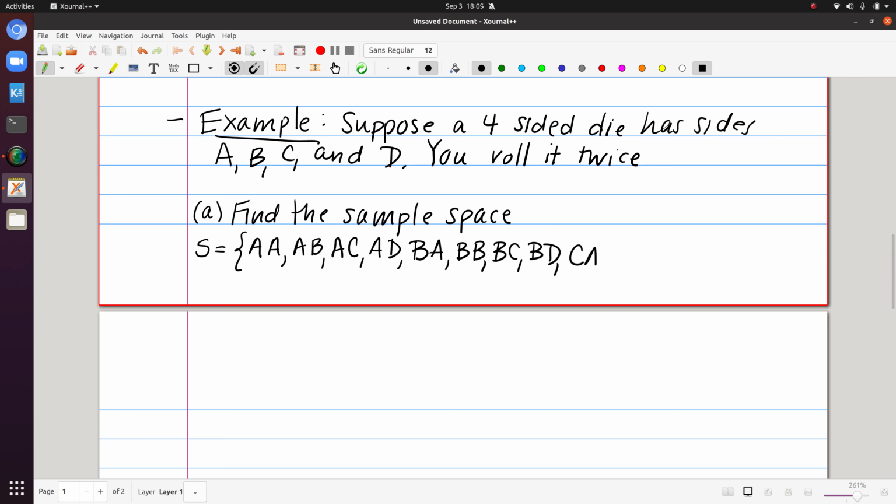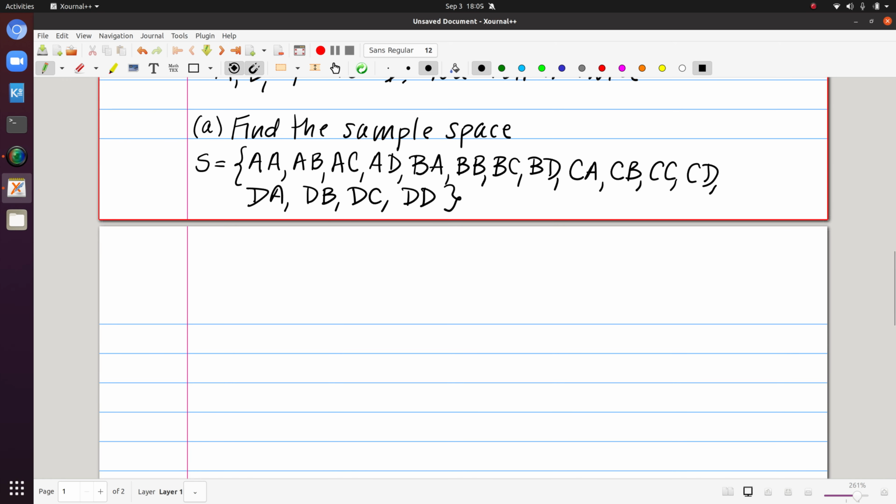I can get CA, CB, CC, CD. And then finally, we could see DA, DB, DC, or DD. So these 16 outcomes are the only possible. And with the same experiment, and now I have that sample space, I want to find the following probabilities.